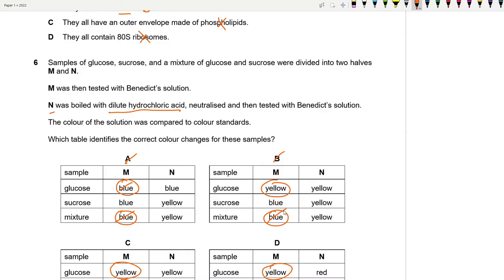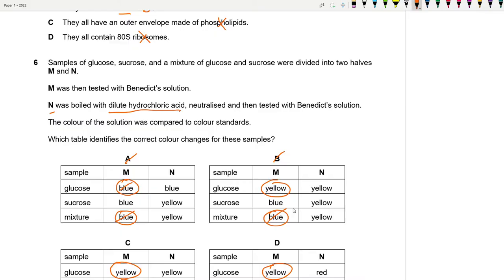That's why, in the boiled solution for N, since we have glucose, then a lot of glucose due to the breakdown of sucrose, and we have fructose, all of them are reducing sugars, we should be getting a red color. Understood? Because we have a lot of reducing sugar.